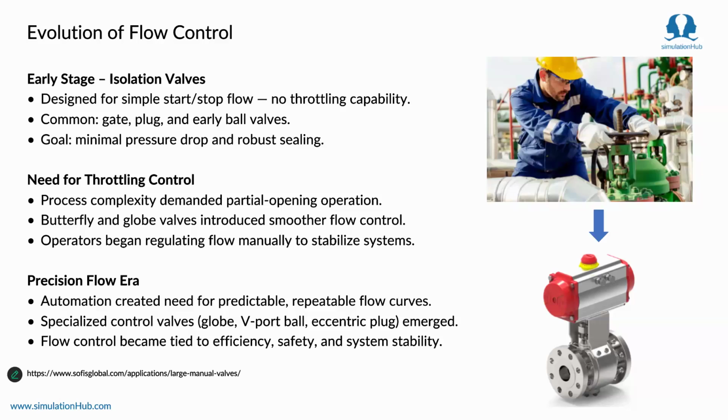You can say the interest is to have a very good control over the process fluid, depending on where the valve is used. It could be used in the pharma industry, in the food industry, in the paper industry. So a good control over the process fluid is the need of the industry.